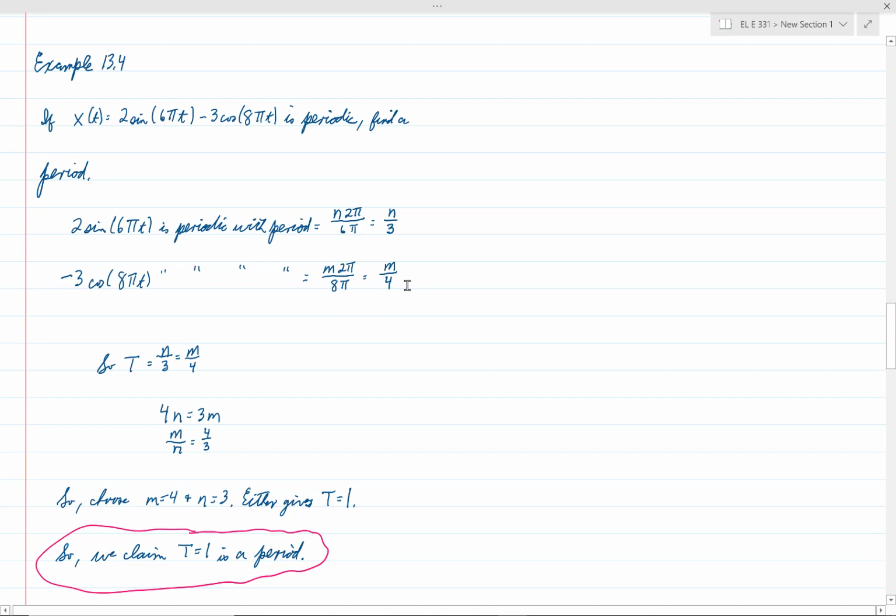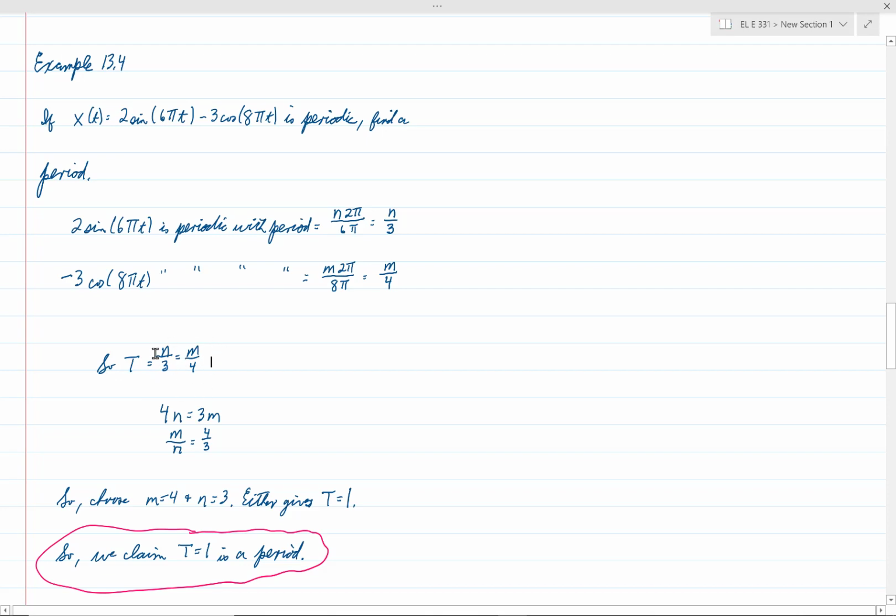And so for our period, we want something that will be a period for both parts of this function. We want T to be equal to n over 3 in order that it will be a period for this, but we also want it to be equal to m over 4 so that it will be a period for this second part of the function. So we have T equals n over 3, which is also equal to m over 4.